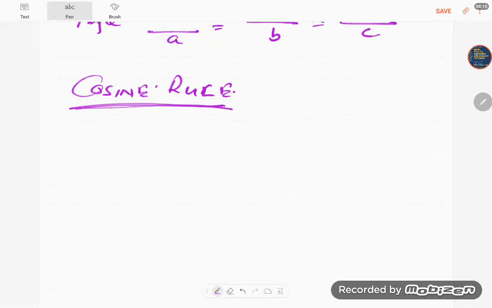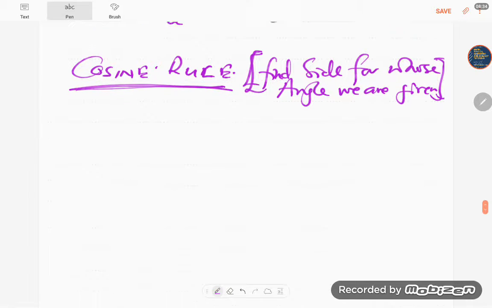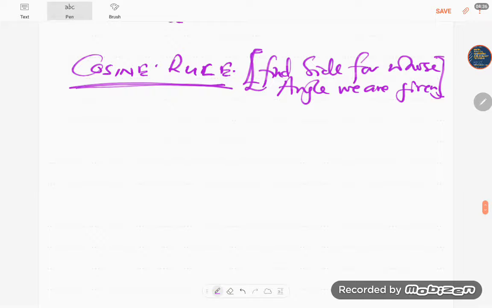If I'm trying to find the third side, we can only find the side whose angle we are given, okay? So that means that if I'm looking for angle A, I have to quote my formula in terms of side A. So that means I'm going to have A squared equals B squared plus C squared.